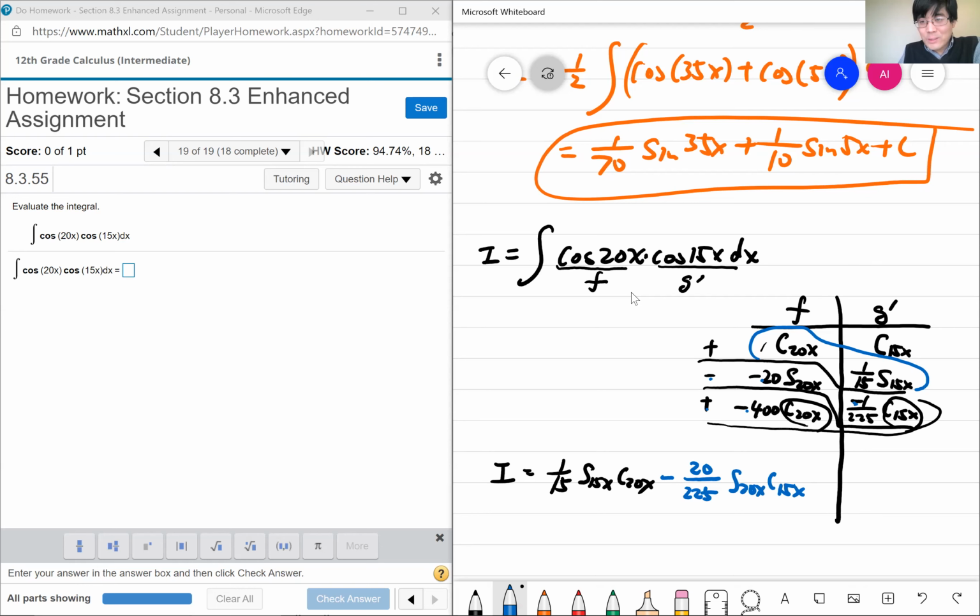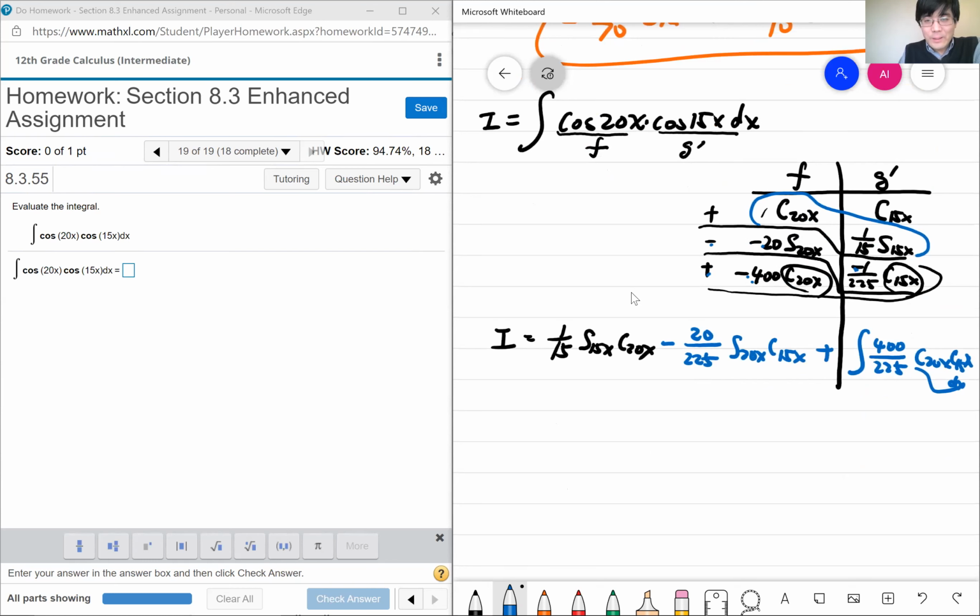And plus minus plus, plus minus minus, so that's going to be plus integral of 400 over 225 cosine 20x cosine 15x dx, which is I. So I is equal to 1 over 15 sine 15x cosine 20x minus, I'll just leave it as it is, plus 400 over 225 I.